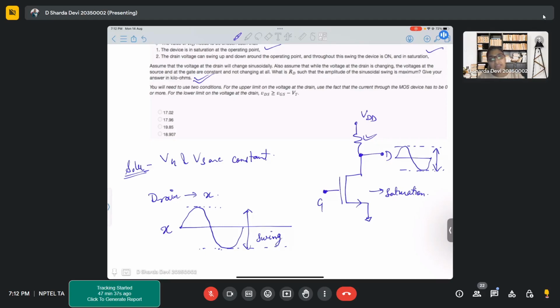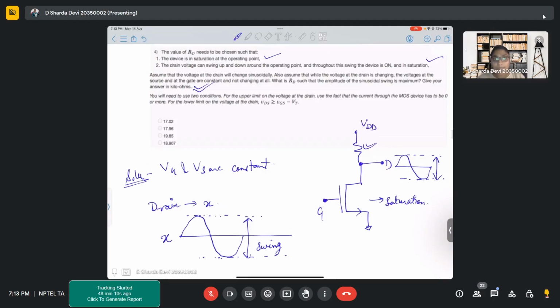And also keeping in mind that these should not truncate your outputs, or basically your sinusoid should be sustained. So you should not see any harmonics or any disturbances. So in both the sides, wherever your sinusoid is sustained, so this particular from top to bottom, whatever the voltage that you get, you call it as swing. So that is the idea.